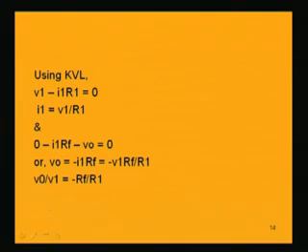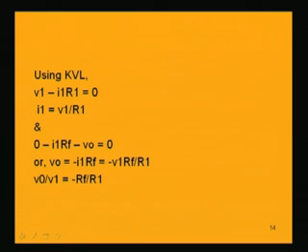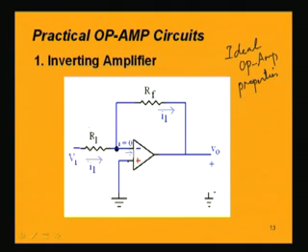So, using the Kirchhoff's voltage law in this circuit, what is Kirchhoff's voltage law? V1 minus I1 into R1 minus I1 into RF minus V0 equal to 0. We can write in another way also. If we consider this loop, V1 minus I1 R1 equal to 0, because this point and this point are at the same voltage and it is grounded.